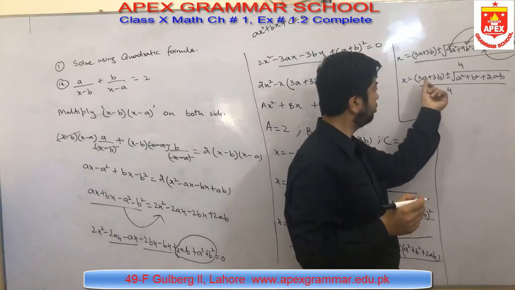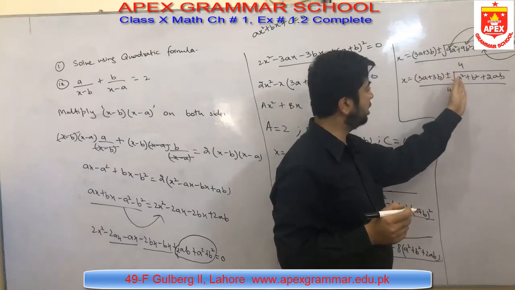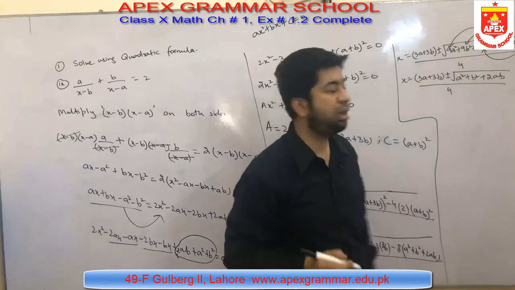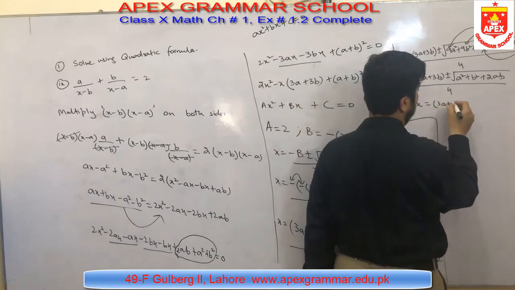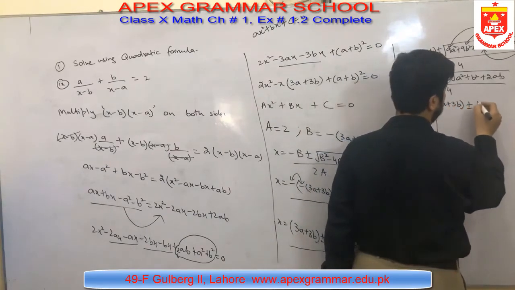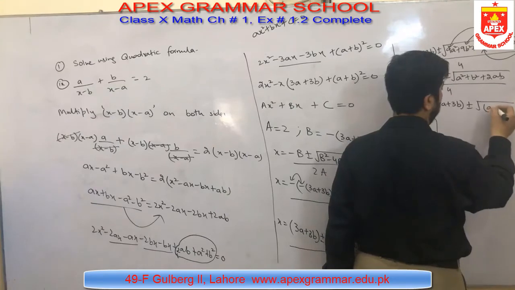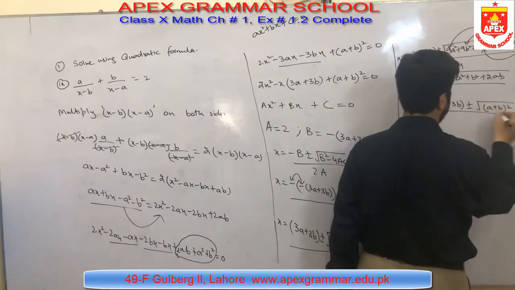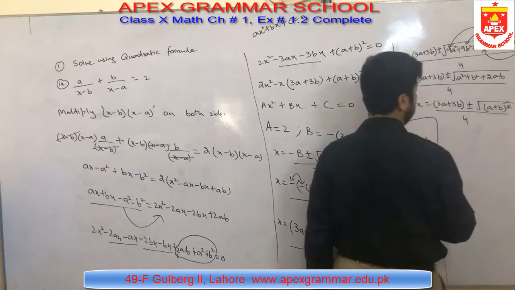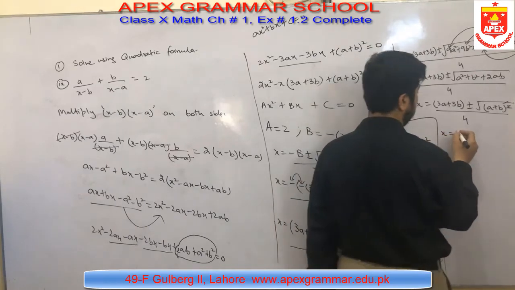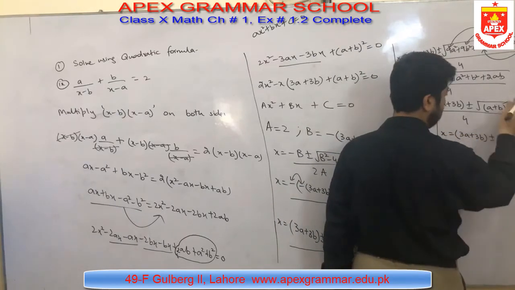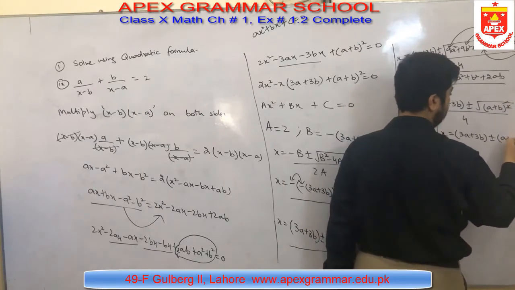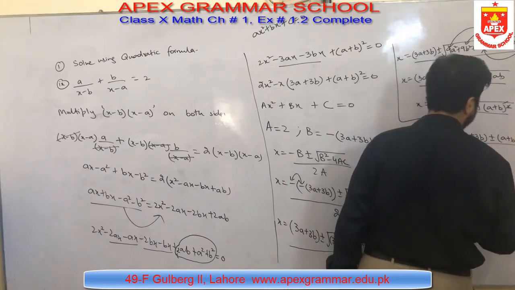Now you can see that a square plus b square plus 2ab is also a formula, so x is equal to 3a plus 3b plus minus square root, you can write (a plus b) whole square, denominator 4. This square is cancelled with this square root. Now x is equal to 3a plus 3b plus minus (a plus b) divided by 4.